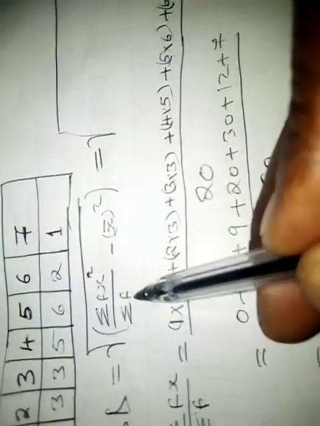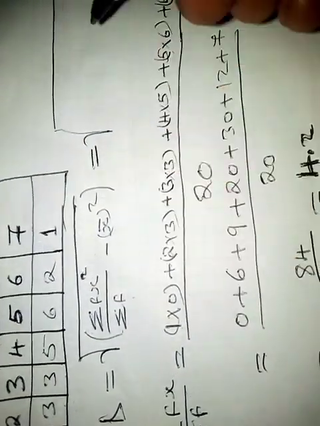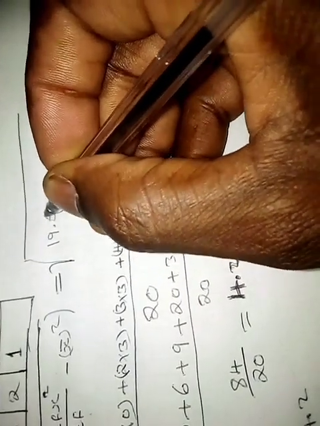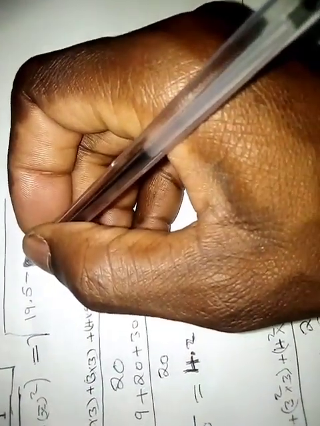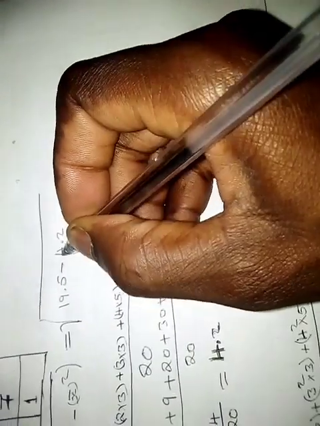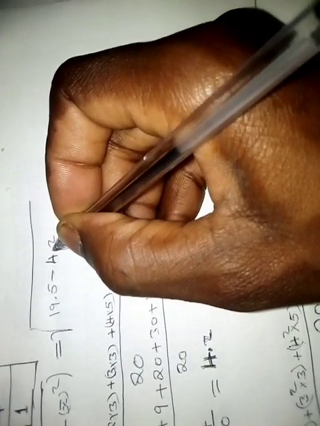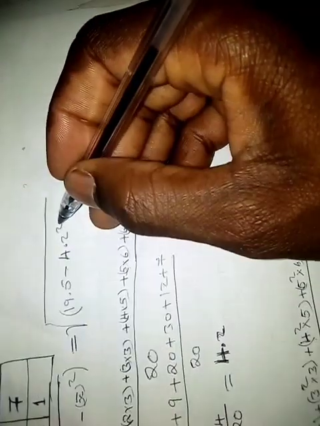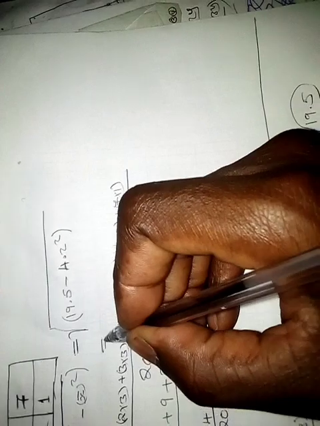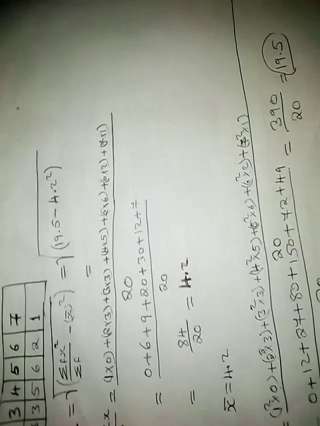Just this has given us 19.5. So write 19.5 minus the mean we got as 4.2, but remember the mean has to be squared. Now let's work out what is inside the square root and see what we have. Once again, get your calculator.